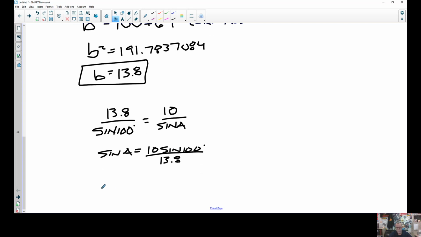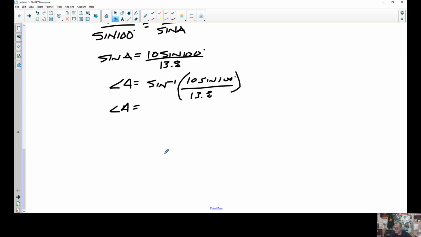And so angle A is going to be equal to sine inverse of this whole thing, 10 sine 100 degrees over 13.8. And that makes angle A equal to 45.5 degrees.